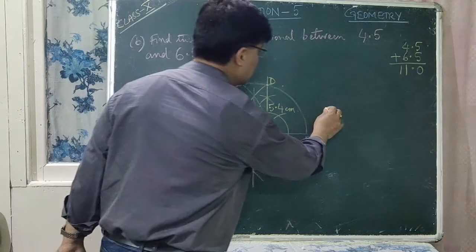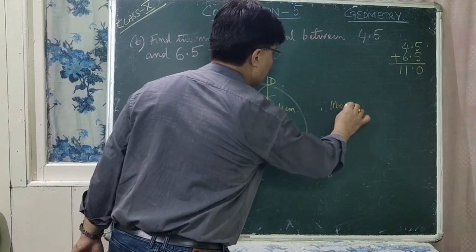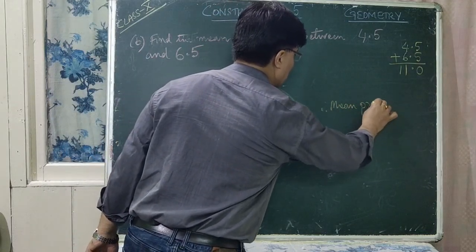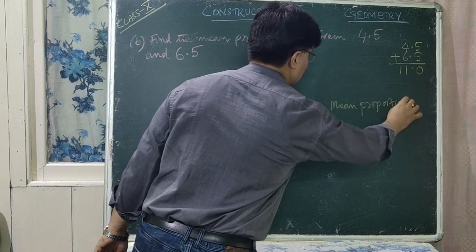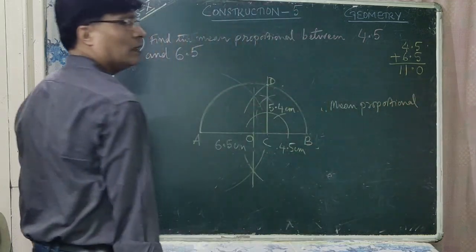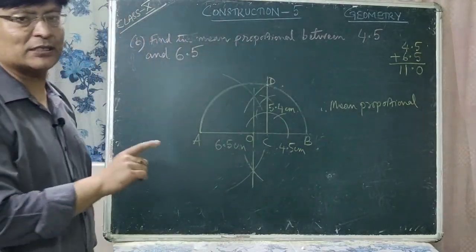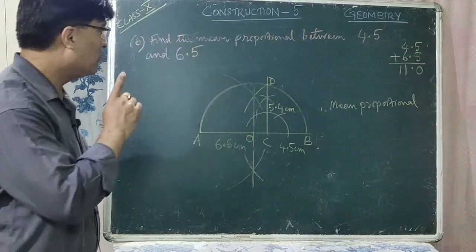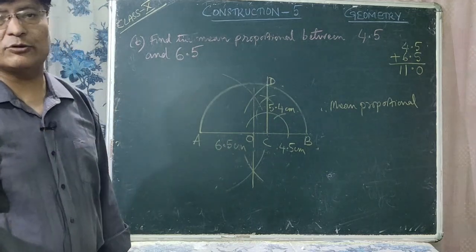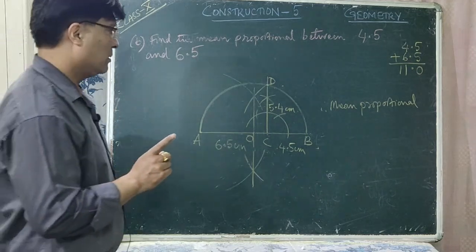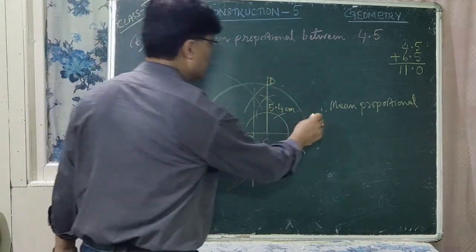So write down the answer as, therefore, mean proportional between 4.5 and 6.5 is equal to 5.4. If the unit is given as centimeter, you have to write down the unit in the answer also. But if the unit is not given, don't write the unit in the answer. Okay?